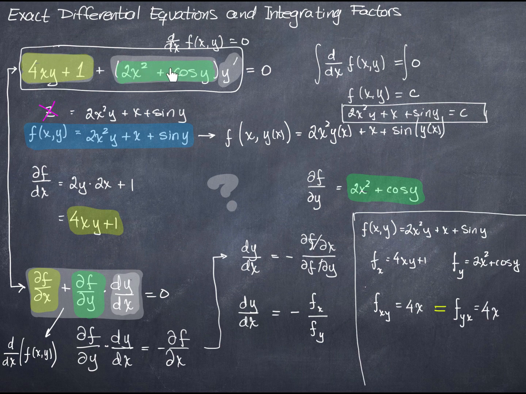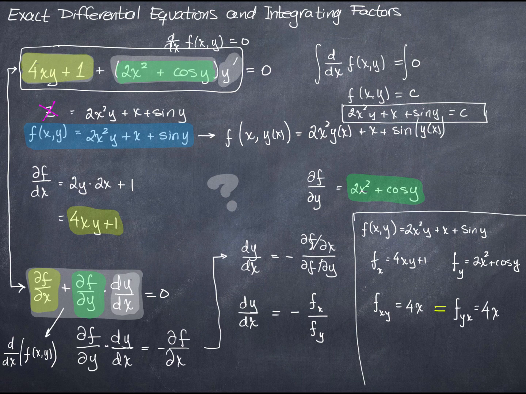And I have another function here, which when I take its derivative with respect to x, I also get 4x. I'm essentially testing whether these two functions come from a common function. I'm kind of talking in circles. If you take the derivative of this function with respect to y, and this function with respect to x, and they're the same, then such a function exists that will allow us to do the rest of this problem. So that's what that theorem really is telling us.